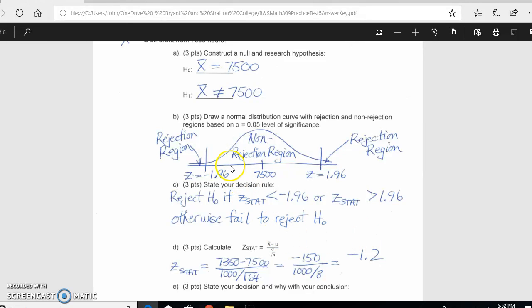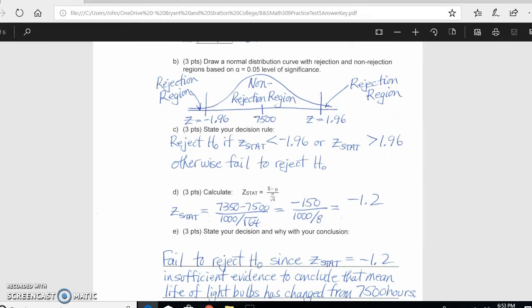So if we look up here and find out what region that falls into, we find that it's somewhere in this area here. It's to the right of the minus 1.96, and so it falls into this non-rejection region, which means that we are not going to reject the null hypothesis that the life of the light bulb is still 7,500 hours for the population mean.